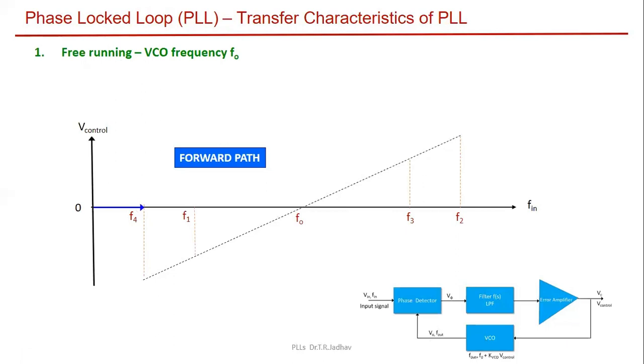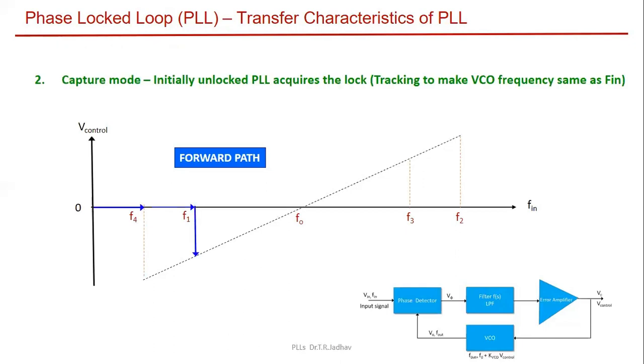So how long will it continue? It will continue up to F1. So still it is free running. As soon as the input frequency becomes equal to F1, we can say that the input frequency is within the capture range of the PLL.